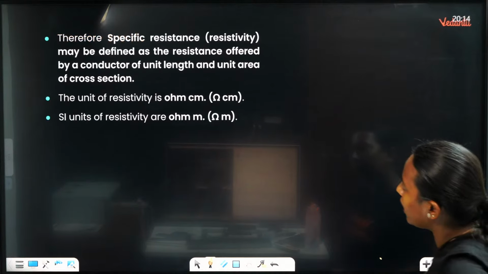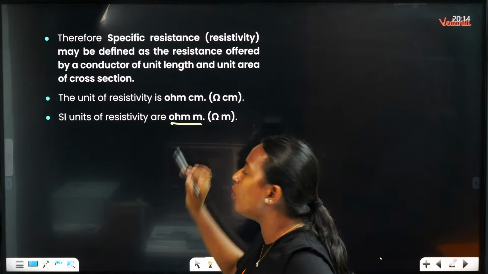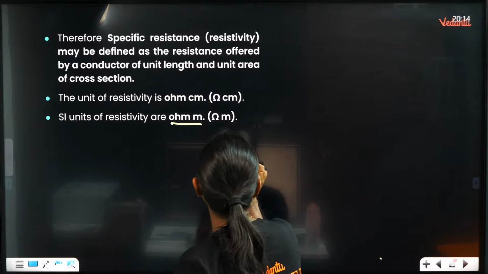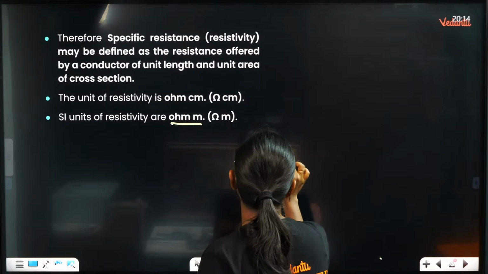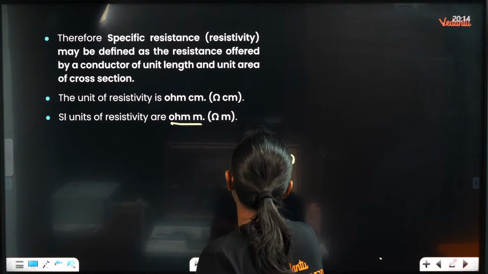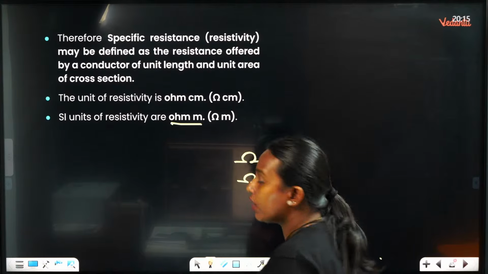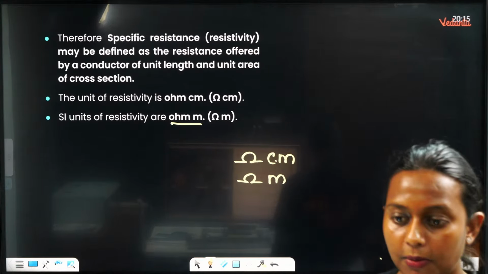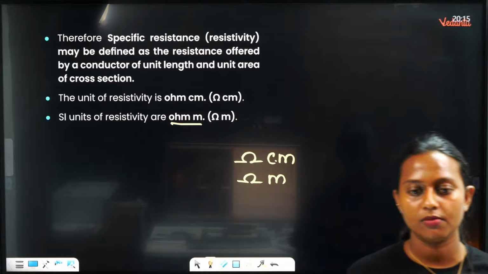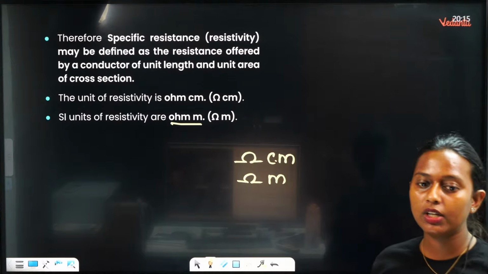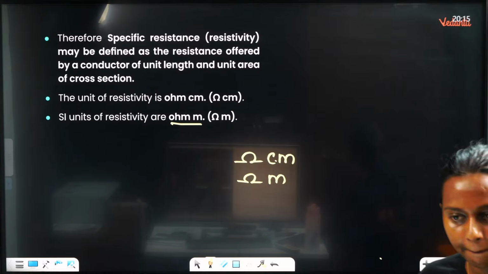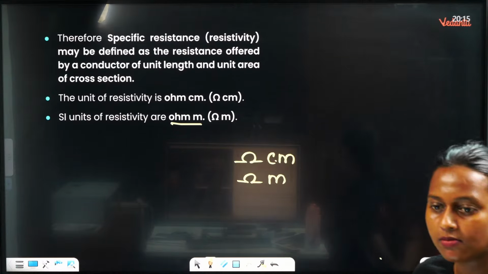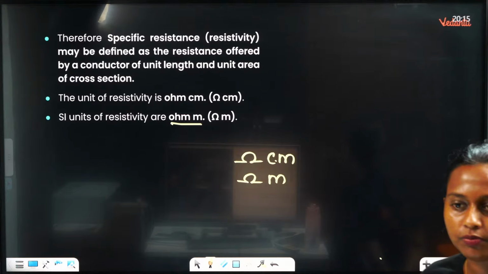We can write ohm centimeter or ohm meter. So the unit of resistivity is ohm centimeter or ohm meter. Clear? Any doubt? Ohm meter or you can use ohm centimeter. Clear?